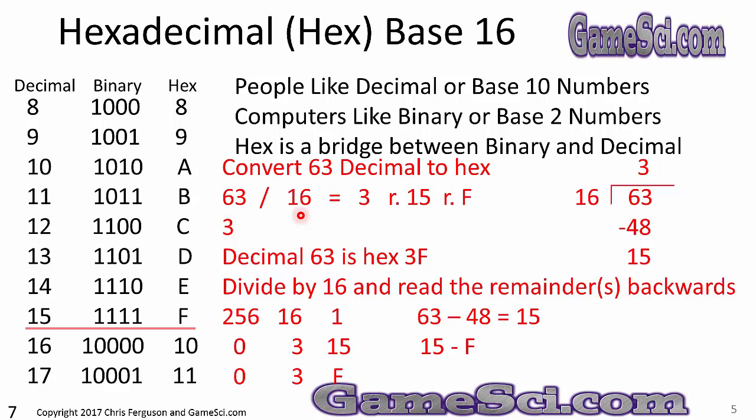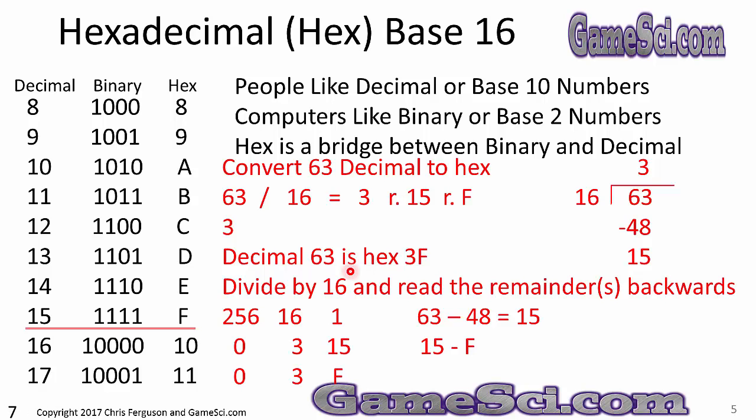Well, when you divide by base 16, you get a 3 with a remainder of 15, which of course is F in hexadecimal. Here's the math over here. 16 goes into 63 3 times. 16 times 3 is 48, so I subtract out the 48. I get a remainder of 15, which is hexadecimal F. So decimal 63 is hex 3F.